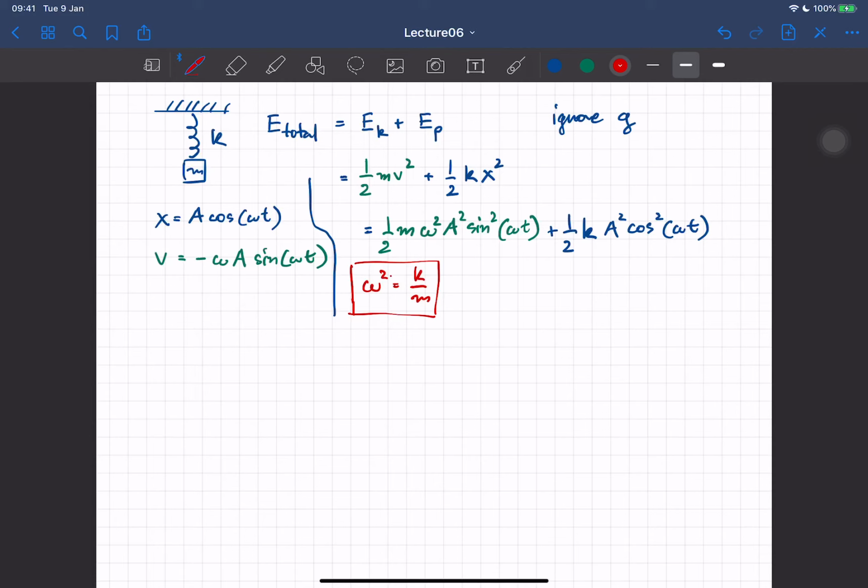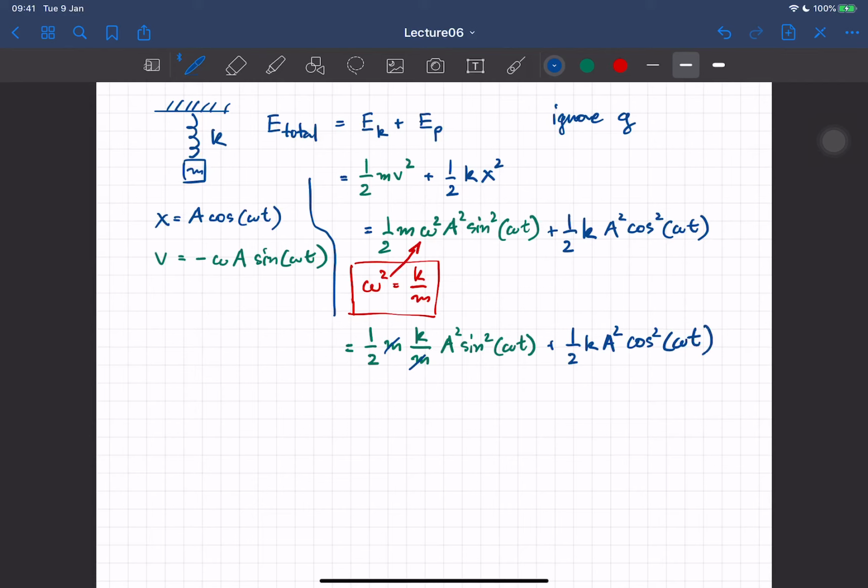So I'm going to substitute omega into the kinetic energy part, and I'm going to have 1/2 m. Omega squared becomes k over m, so the m's cancel out, and a squared and sine squared omega t stay the same. For the elastic potential energy part, nothing changes.